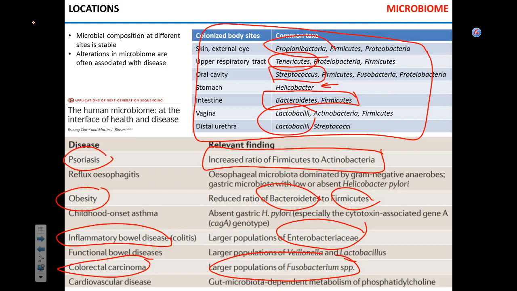Now, I try to be very careful using the words associated with, because we don't really know if these changes in bacterial populations are causing the disease or if they are simply associated with the disease. Because maybe there is something else, some other underlying mechanism in, say, IBD that facilitates the increased number of Enterobacteriaceae species. You see what I'm trying to say?